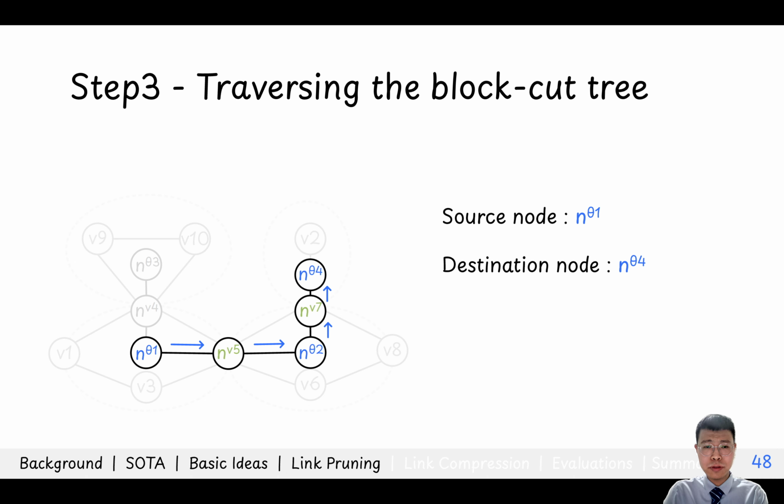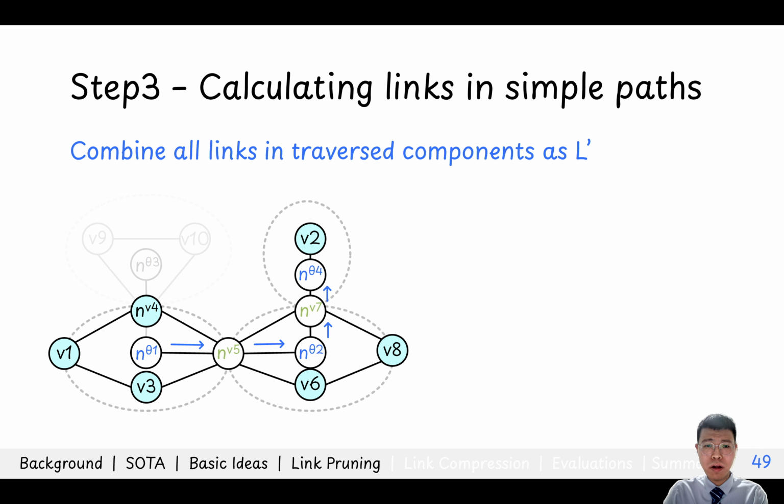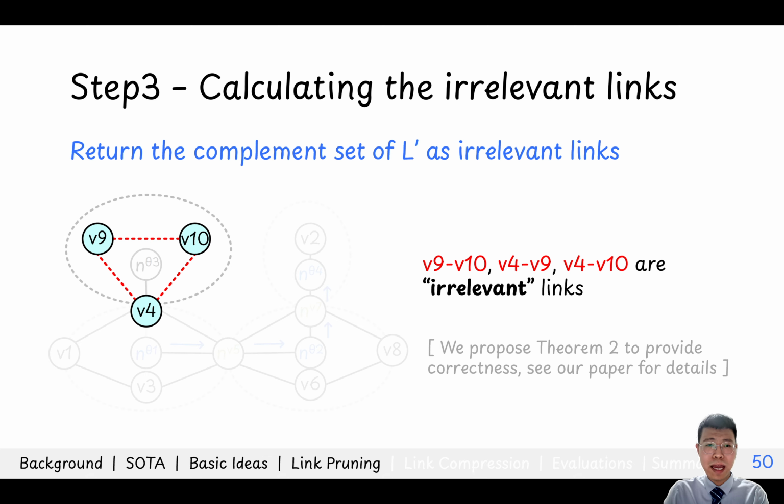This step is used to find bi-connected components that must be passed from the source node to the destination node. After that, it combines all links in the traversed components as the relevant links, and the complement set is the irrelevant links. In this example, 3 links V9-V10, V4-V9, and V4-V10 are irrelevant links.